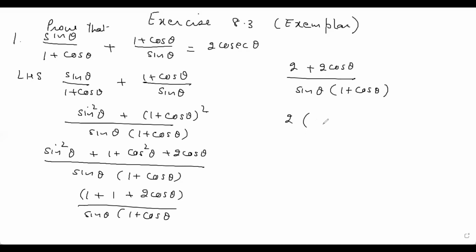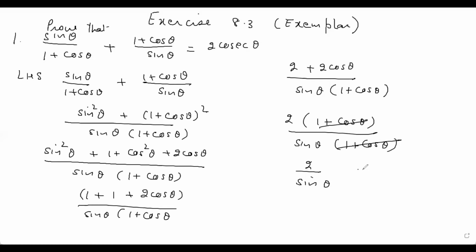Take 2 common, 1 plus cos theta upon sine theta 1 plus cos theta. This bracket and this bracket is cancelled. You have 2 upon sine theta, that is equal to 2 cosec theta. So this is the first sum of exercise 8.3 of exemplar.